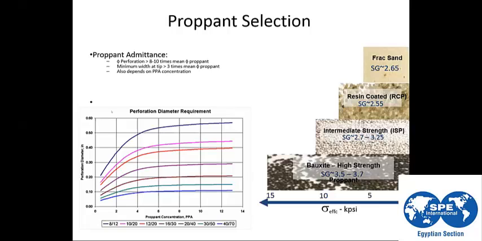Something else that should be taken into consideration when selecting the proppant size is the fracture width at the tip. The tip is the end of the frac. The fracture width at the tip should be at least 3 times bigger than the proppant diameter.